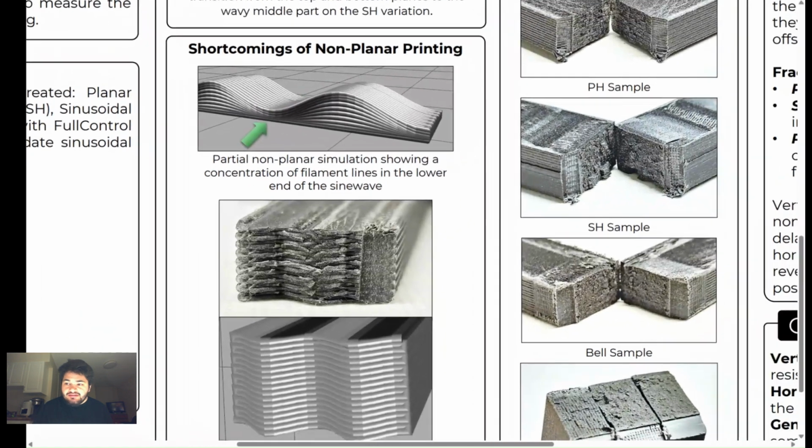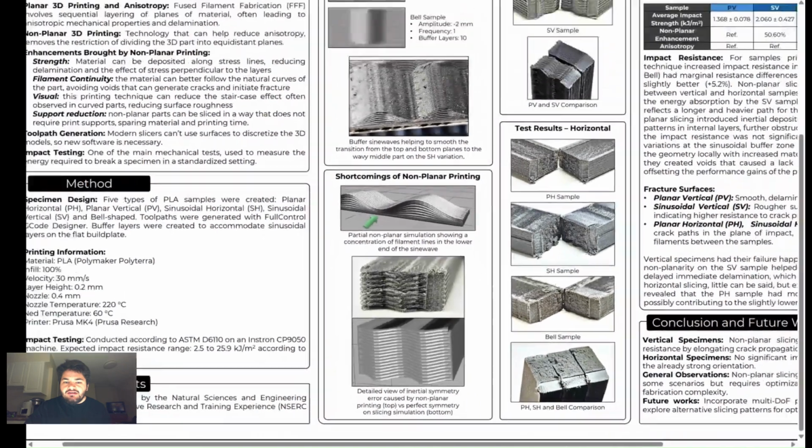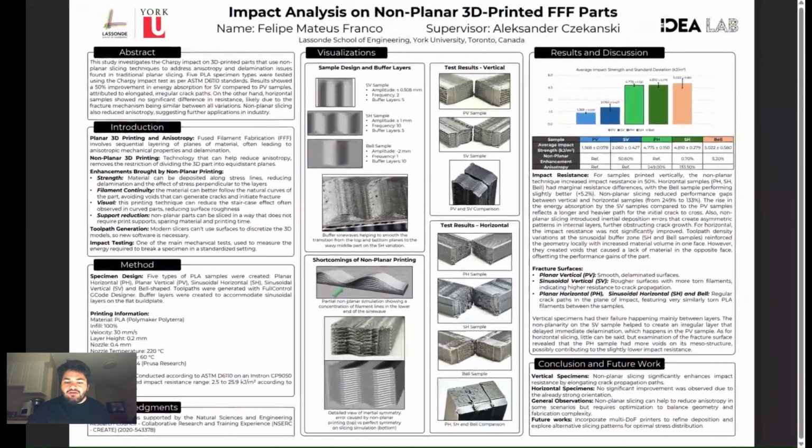And if we have more degrees of freedom, we can try to think of different toolpaths that would maybe be stronger than only sinusoidal. So we can have different sinusoidal properties or even another shape that we can produce with a printer with a higher degree of freedom, but we cannot with the current printers we have.